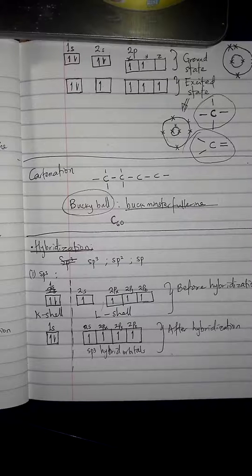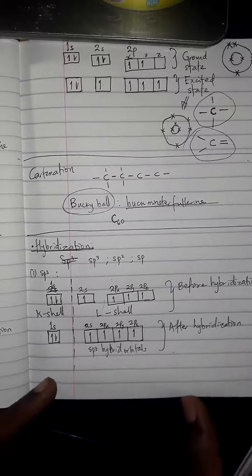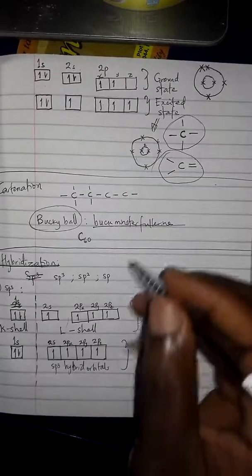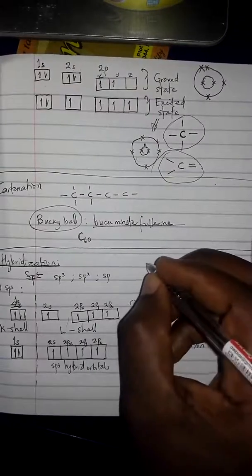It means its shape in space when you observe the molecules under some special apparatuses is tetrahedral. Maybe you don't need to worry about this for now, but it's good if you know it. Tetrahedral means you have something like this.